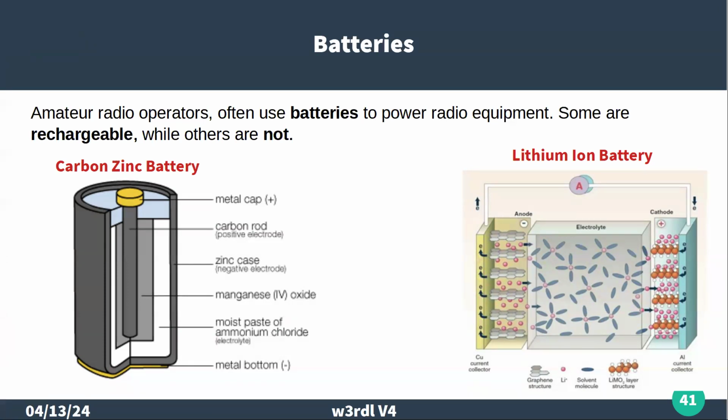It has a carbon electrode in the center and a case made out of zinc and some electrolyte in between that, through a chemical process, causes the charges to go where the center carbon element becomes positively charged and the zinc outer side becomes negatively charged.